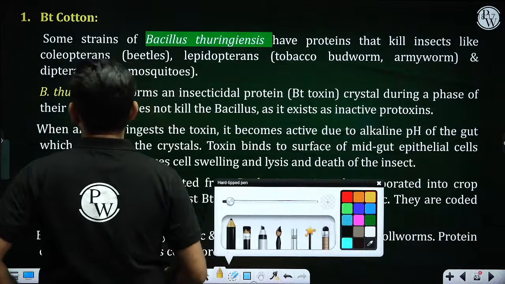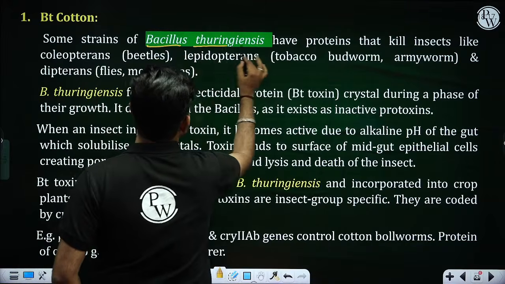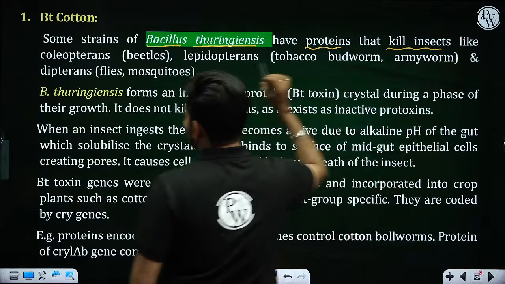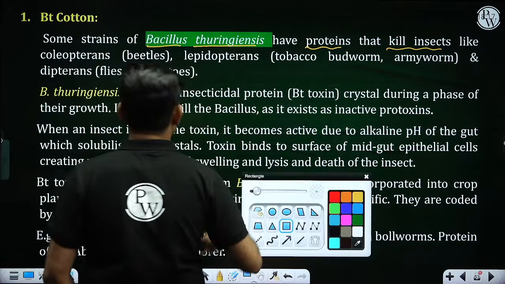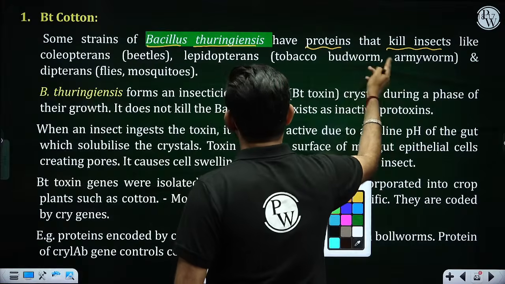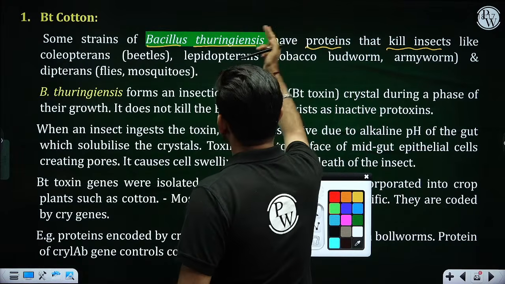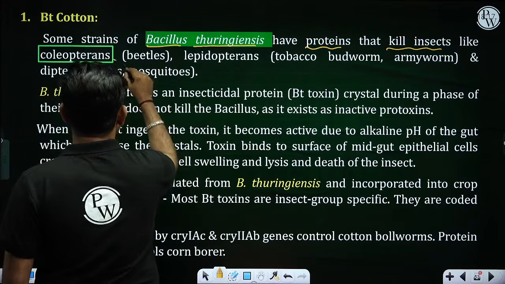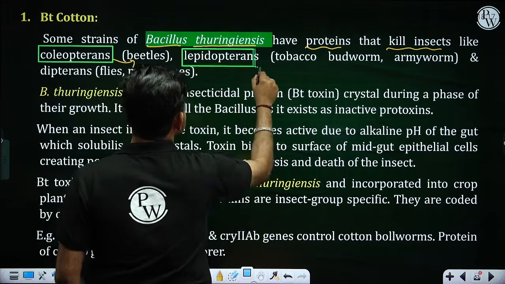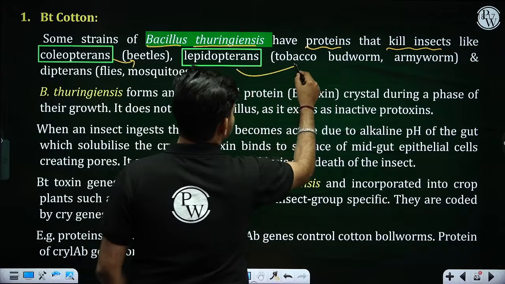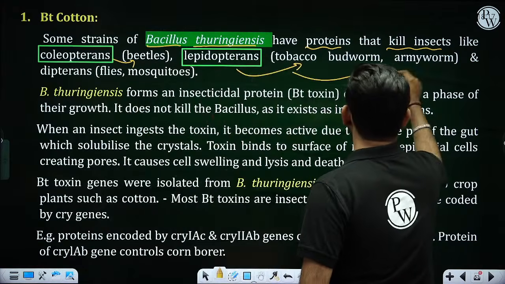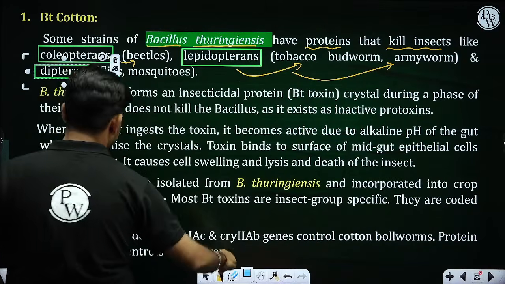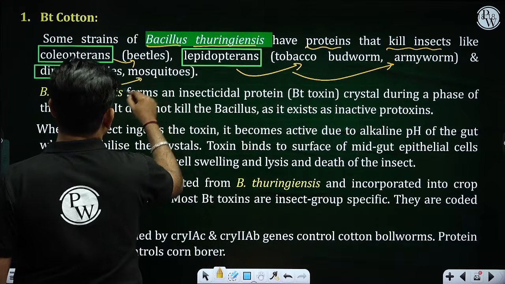So we have observed that some strains of Bacillus thuringiensis have proteins that kill insects. So what kind of insects can be killed by utilizing a toxin produced by Bacillus thuringiensis? Coleopterans like beetles, lepidopterans like tobacco budworm or armyworm, basically they are kind of moths, and dipterans like different kind of flies and mosquitoes.